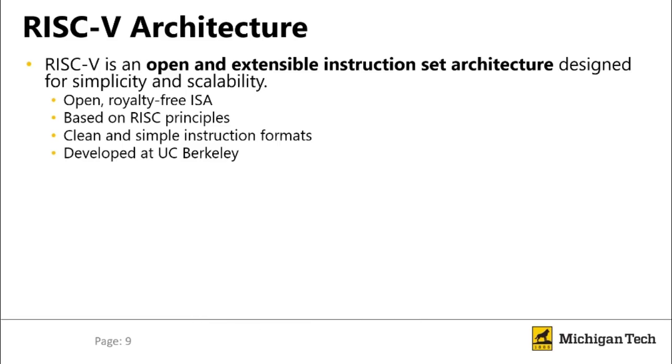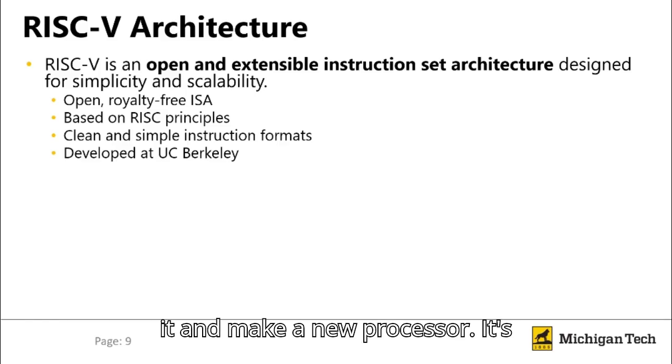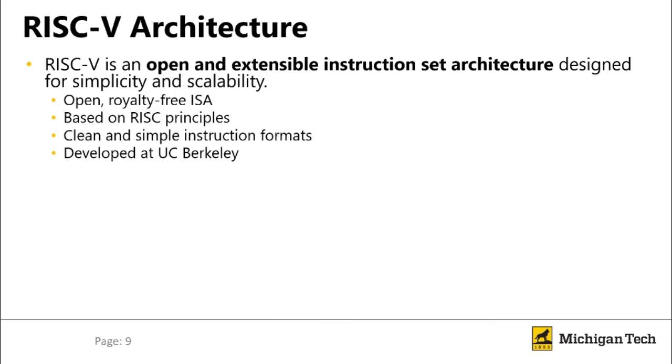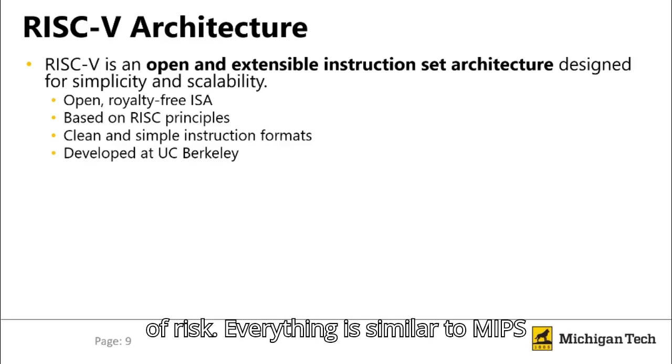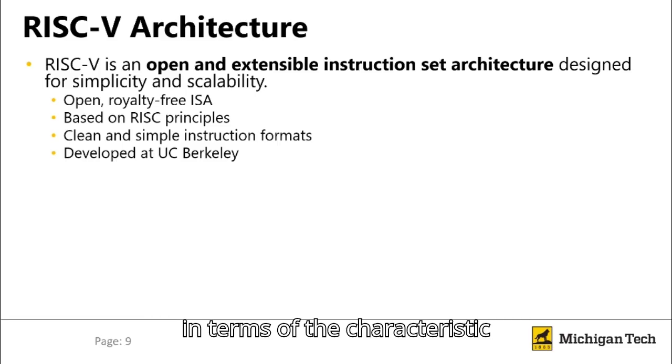You can just use the same structure, change it, and make a new processor. In terms of learning, it is a very good processor, and it is based off RISC. Everything is similar to MIPS in terms of characteristics and the simple instruction format.